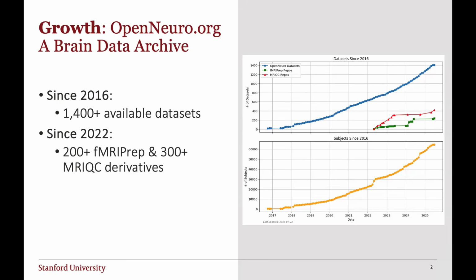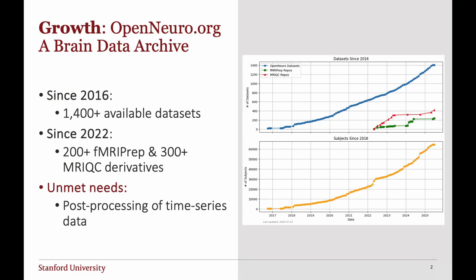So they've been facilitating the pre-processing of these BOLD resting state and task fMRI in particular, given that is the point of easiest entry to facilitate this with MRIQC and fMRIPrep. And Joe Wexler, since 2022, has been working on these, and we're currently at over 200 fMRIPrep derivatives and 300 MRIQC derivatives.